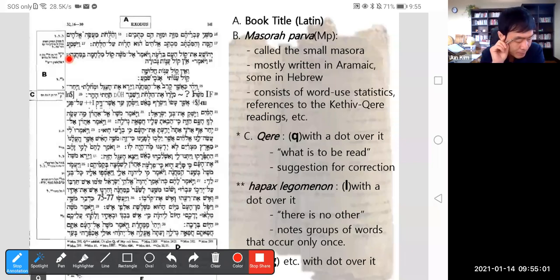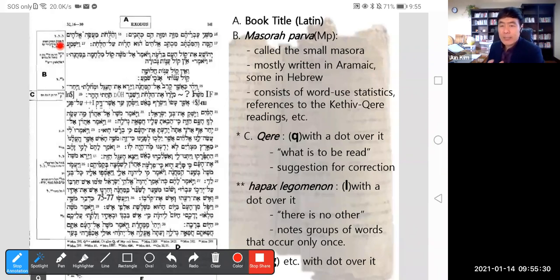If you have your Bible, just go to it and look at this here. You see that it has a lamed, and it's not simply lamed here on top. Lamed, lamed, lamed, but all those three lameds have a dot on it. So whenever you have a letter that has a dot on it, that refers to a number.